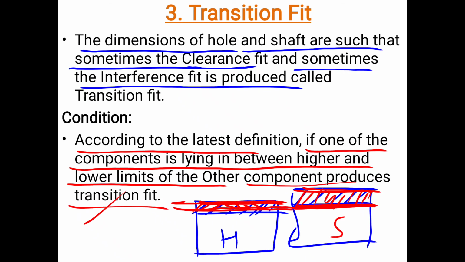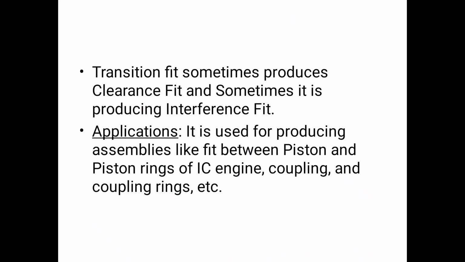Now see, this upper limit of the hole is also coming in between the upper and lower limit of the shaft, hence we will get transition fit here. Transition fit sometimes produces clearance fit and sometimes interference fit.